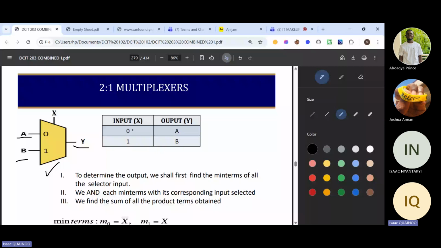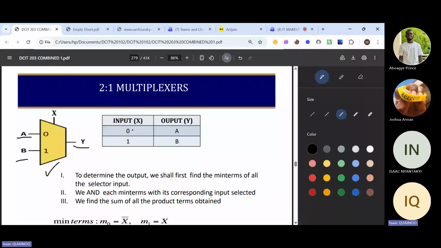But if our selector is showing 1, then data line 1 will be selected, which is B. So that is the truth table.